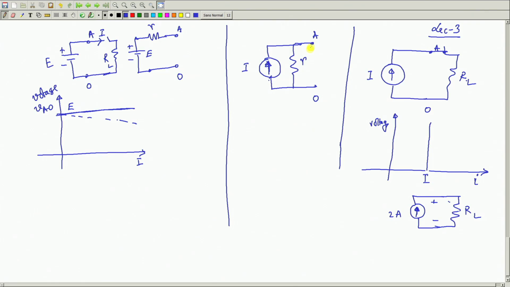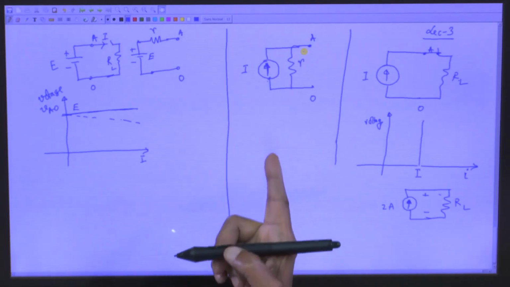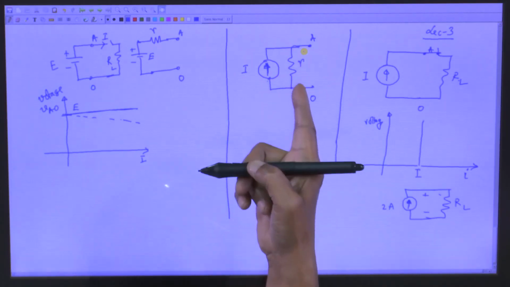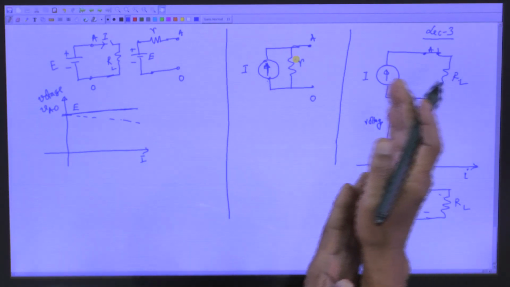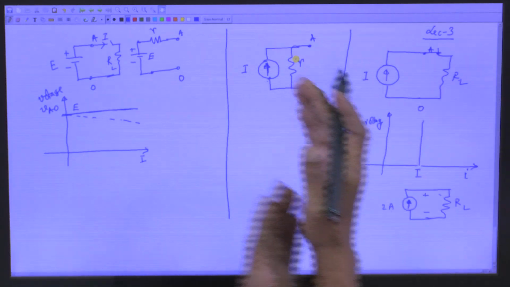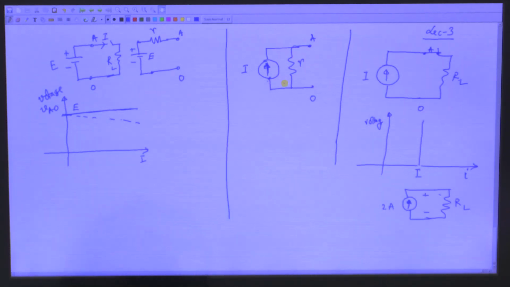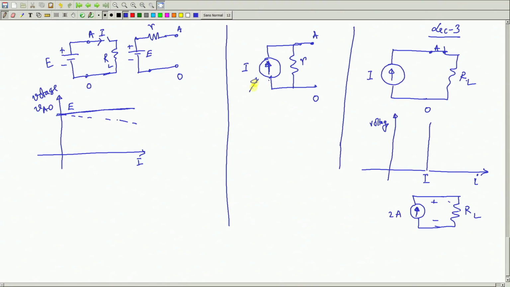Therefore, a practical current source can be thought of as an ideal current source in parallel with a resistance. Then this resistance can be thought of as a part of the whole network that you will connect across AO. See, in a practical current source, this portion is the ideal current source.